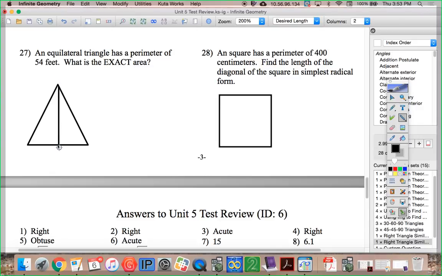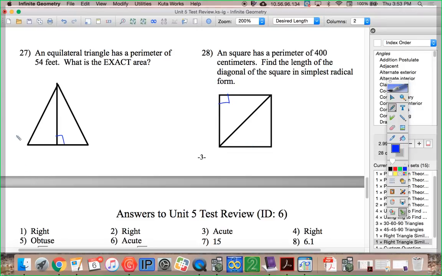Oh, that's not perfect. That one's better. See, that's not even my fault. That's just pixels. I can't do anything about that. So let's just pretend that that's right down the middle. That's awful. Okay, I'm just going to draw this right triangle in. We're just going to pretend like it's perfect.